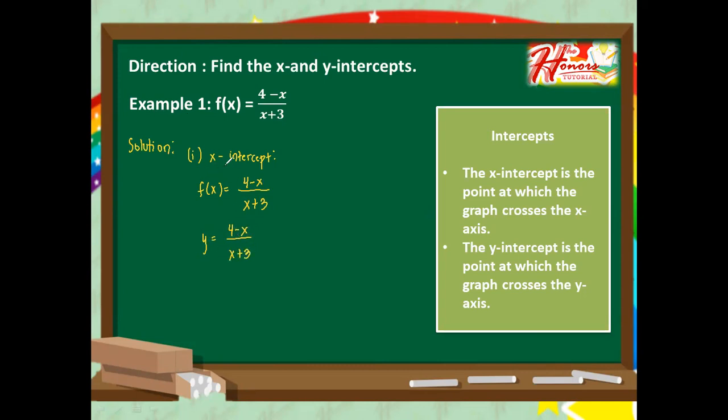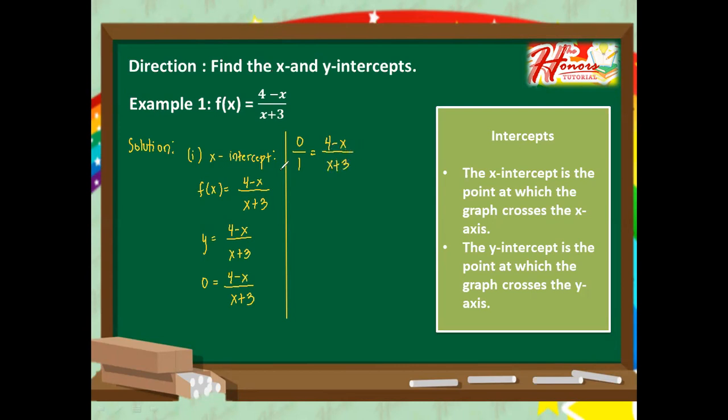And then for us to get the x-intercept, kindly change y to 0. So this y will become 0, so it will become 0 is equal to 4 minus x over x plus 3. And then we have to change 0 into a fraction so that you will not be confused. So it will become 0 over 1 equals the right side, 4 minus x over x plus 3.